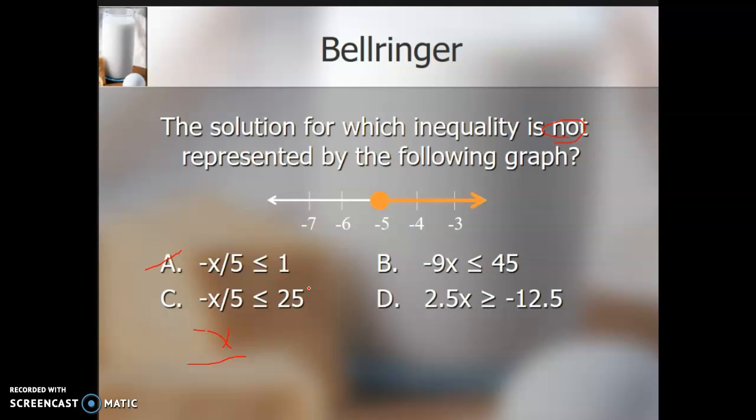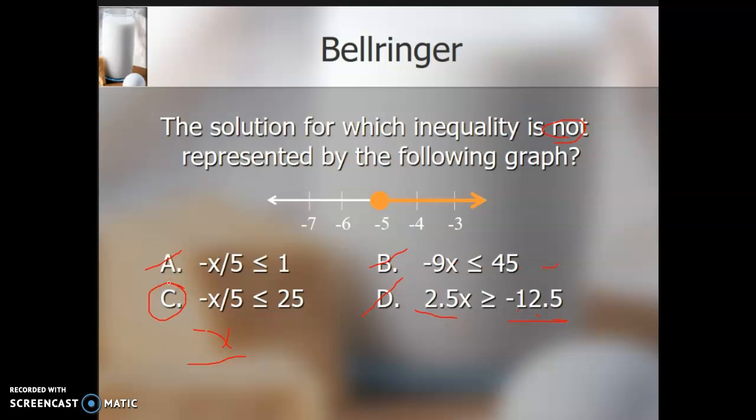If we divide both sides in B by -9, we would flip the symbol, and so x would be greater than or equal to -5, so B works. If we divide both sides here by 2.5, -12.5 divided by 2.5 is -5. So the correct answer for this problem is going to be C.